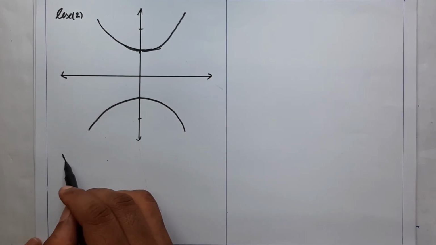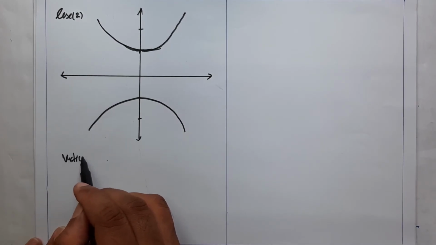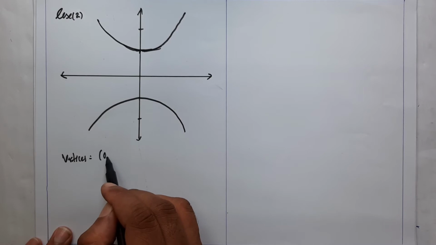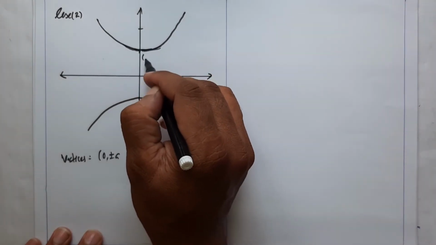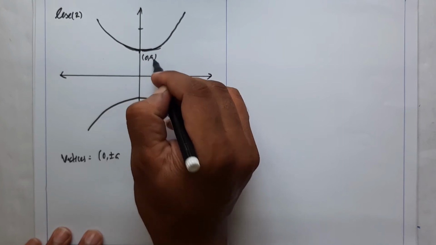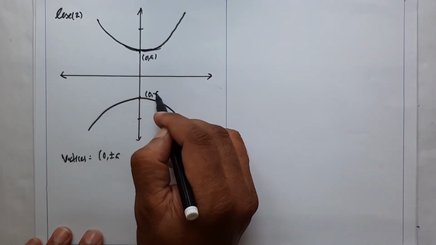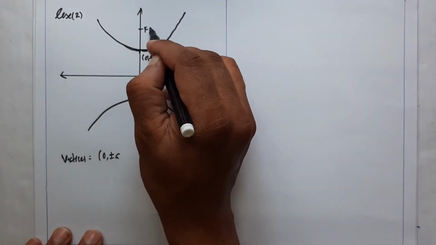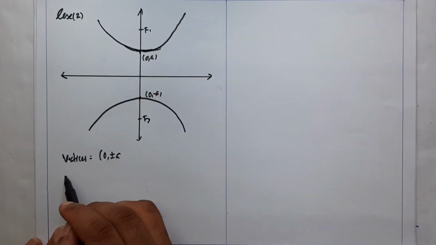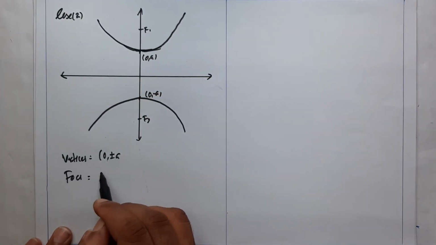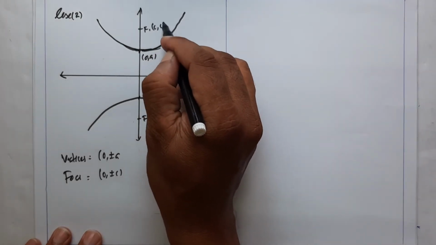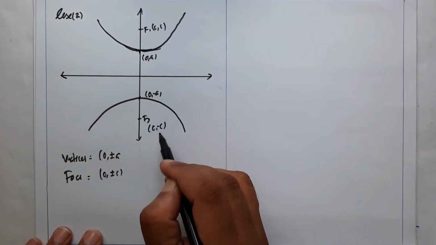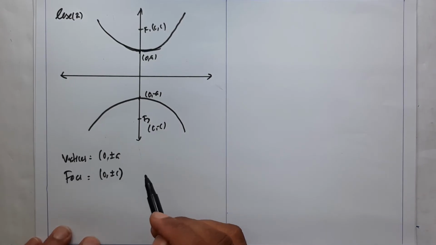Therefore in this case vertices are 0, plus or minus a, which is here 0, a, and here 0, minus a, and foci F1 and F2, and therefore the foci are 0, plus or minus c. Here 0, c, and here 0, minus c.